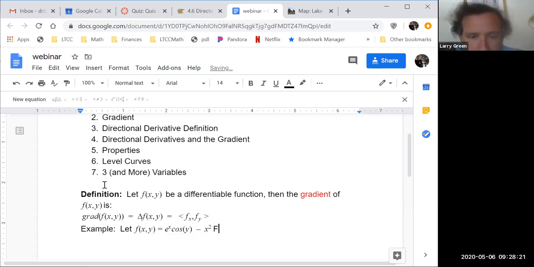Find the gradient. So grad of f of x comma y.